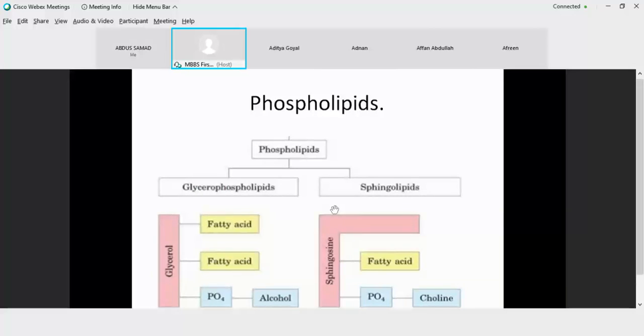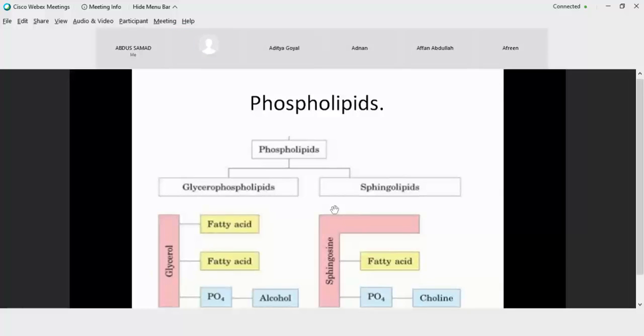Now to sphingosine, we just attach one fatty acid, the phosphate group is there, and then you have the alcohol. Why choline is written here is that this is one of the major sphingolipids present in the human system. When to one sphingosine, one fatty acid and a phosphate group, we attach choline, this becomes sphingomyelin.